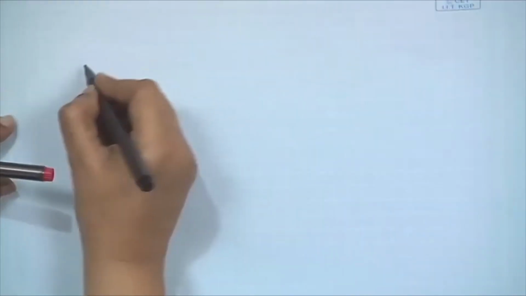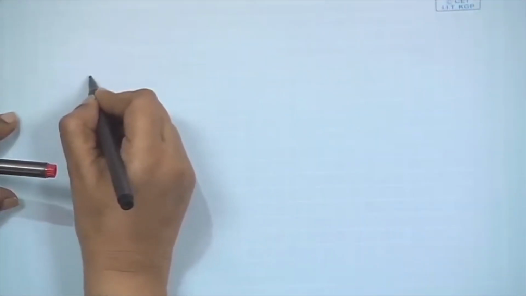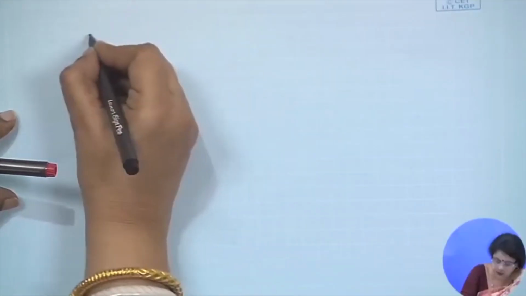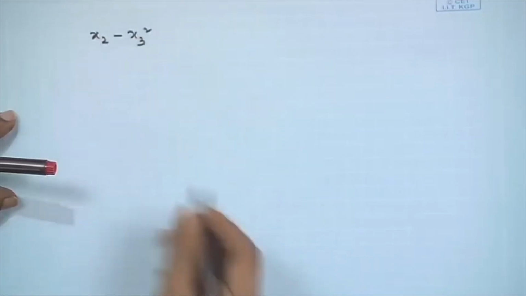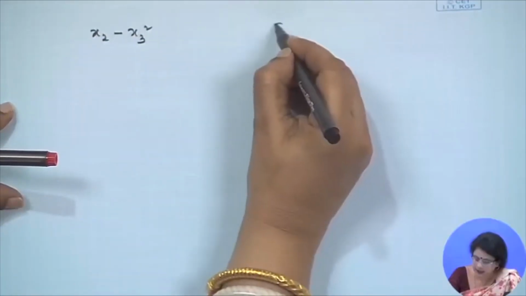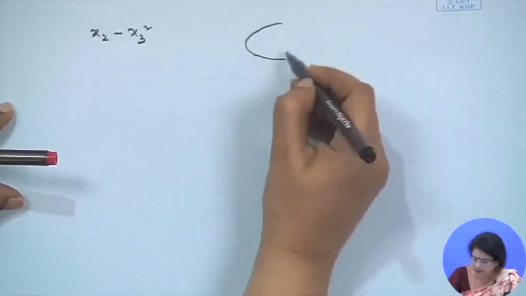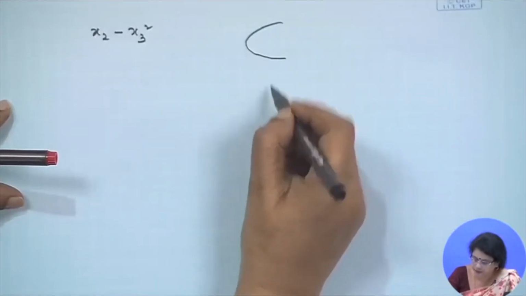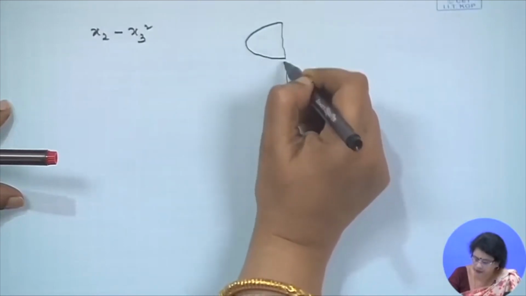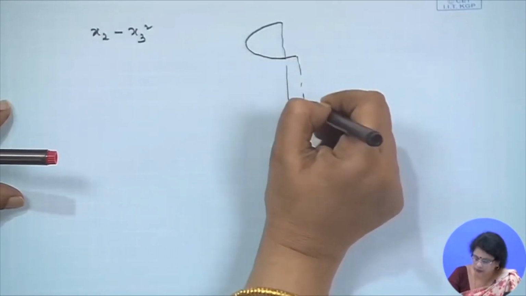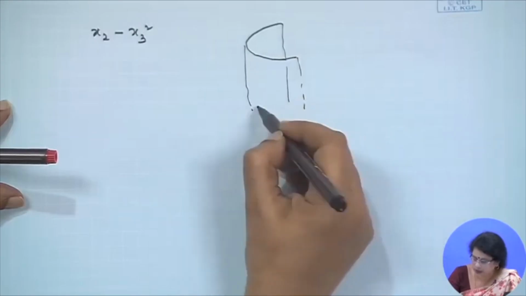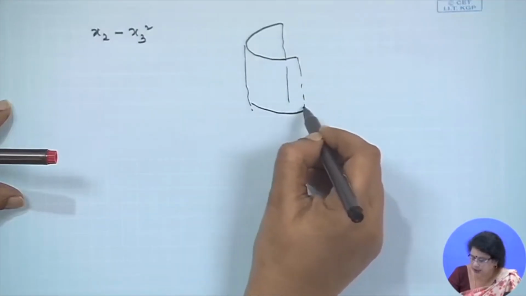Let me just explain to you. Say we have 3 coordinate axes. One function is x2 minus x3 squared. How does it look? It looks like this, because this is a surface for us.